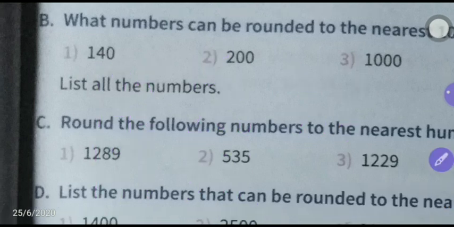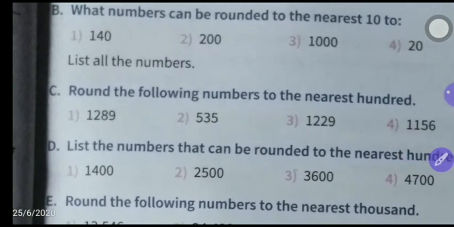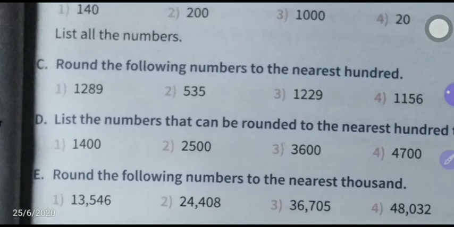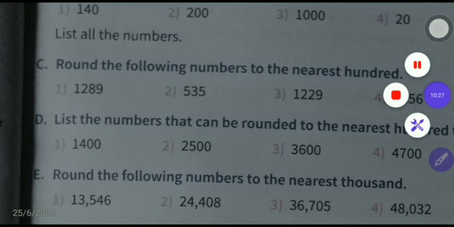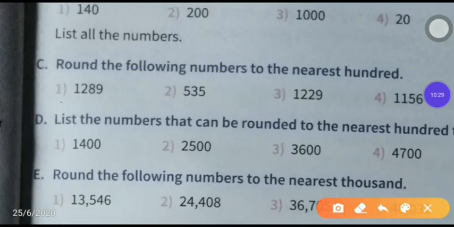Next, you see, round off the following numbers to the nearest 100. First one, you see what is given? 1289, to the nearest 100. Which place will we see?